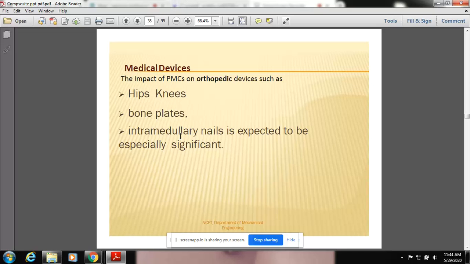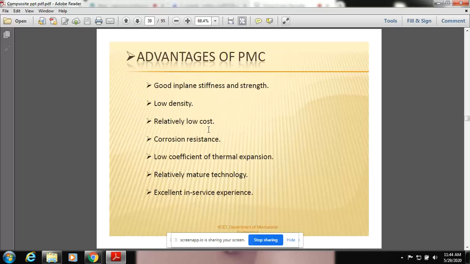If it has higher density and weight, there is difficulty and discomfort in walking as normal. The replacement of bone should be low in weight but carry the same strength as the other material, and the replacement for such a thing is going to be this composite material. That's why I mentioned here hips, knees, bone plates, right? These are some of the applications.